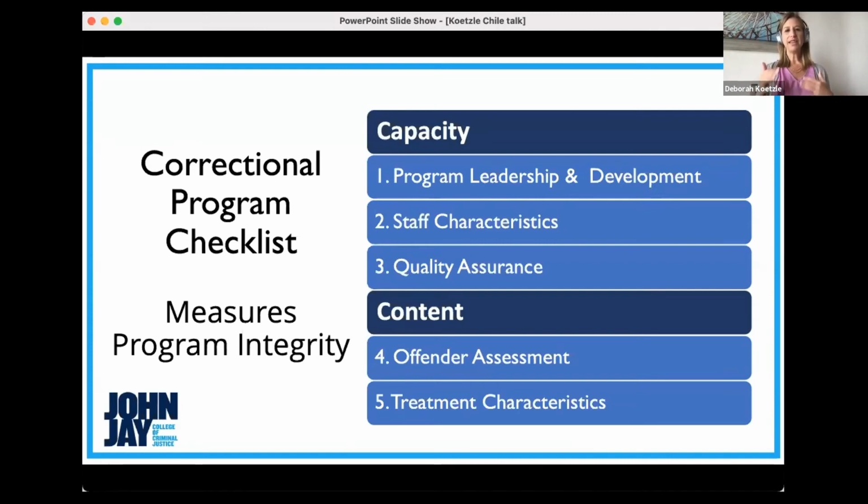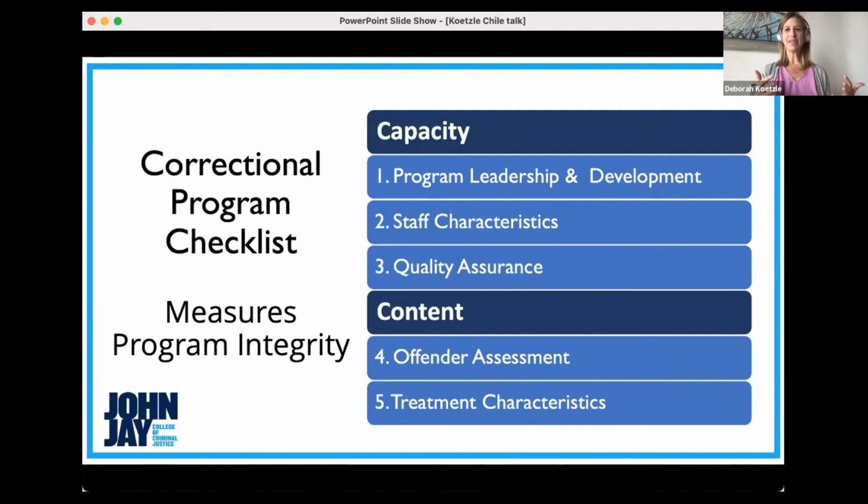And so within this checklist, we're looking really at 2 main ideas. One is capacity. Does this program have the capacity or the ability to deliver effective interventions? Is there strong leadership in place? Is there support from stakeholders? Was the program designed with a review of the literature in place? What about the staff?